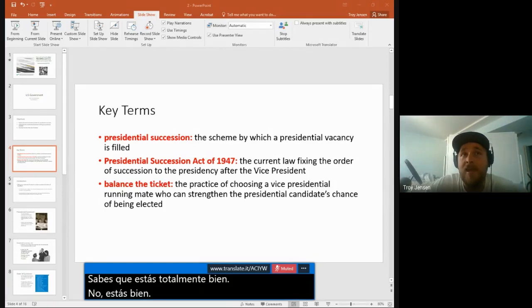So the Presidential Succession Act was a current law fixing the order of succession to the presidency after the vice president. A balanced ticket is really the practice of choosing a vice president who would really fill that role and a running mate who can strengthen the presidential candidate's chance of being elected. So our current presidency, we think of Donald Trump and Mike Pence. Mike Pence really got the religious vote or the Protestant vote for Donald Trump because Donald Trump isn't really too religious and he didn't appeal well to religious groups.